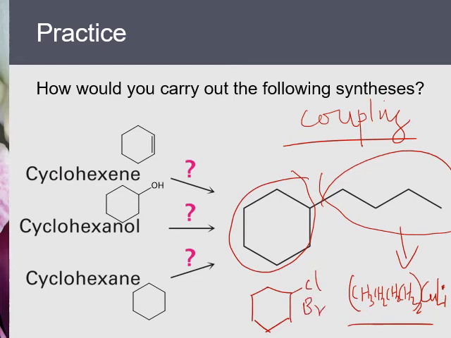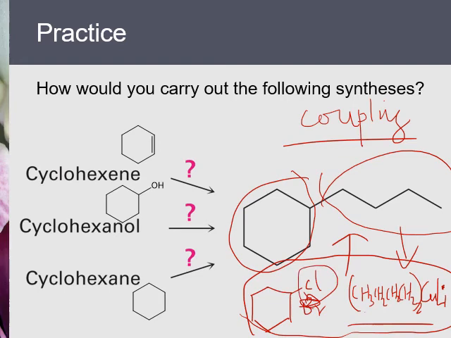Okay, so both work. If we combine this together, that will give you coupling reaction. For example, the chloride will be replaced by one of the butyl group, giving you the final product. So the question now is, how do you make this chloro or bromo cyclohexane from cyclohexene, cyclohexanol, cyclohexane?